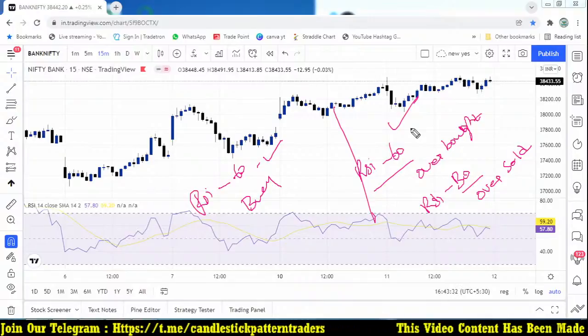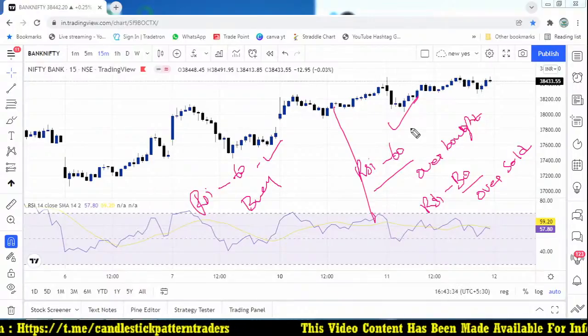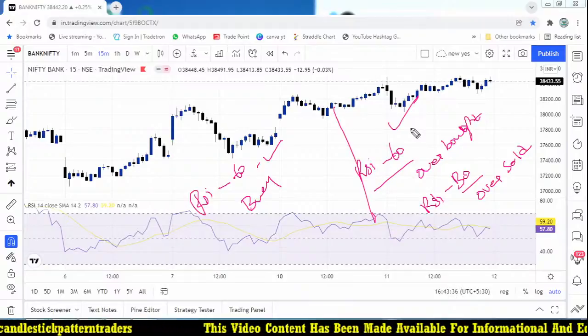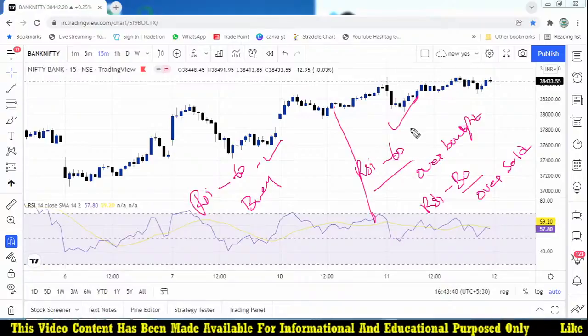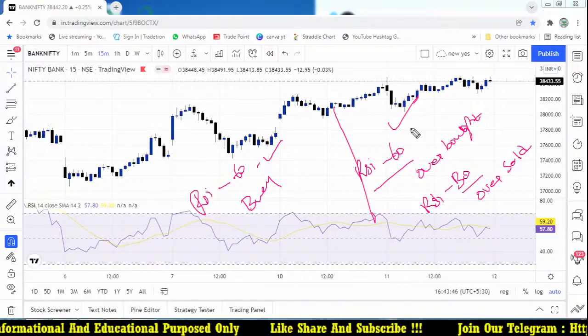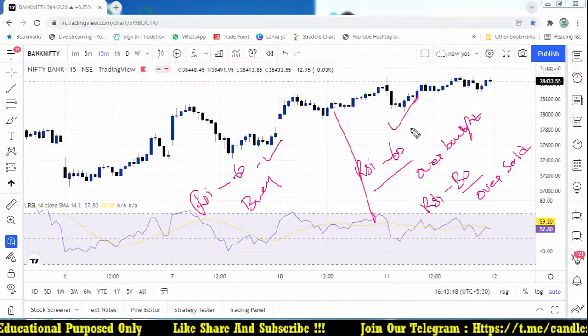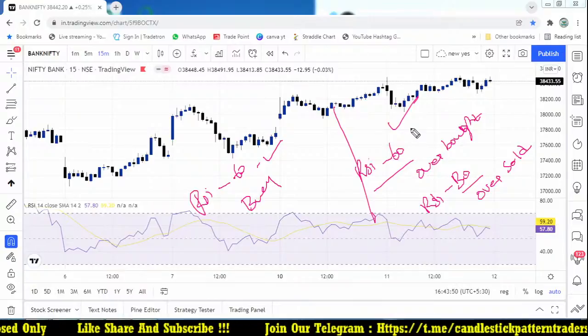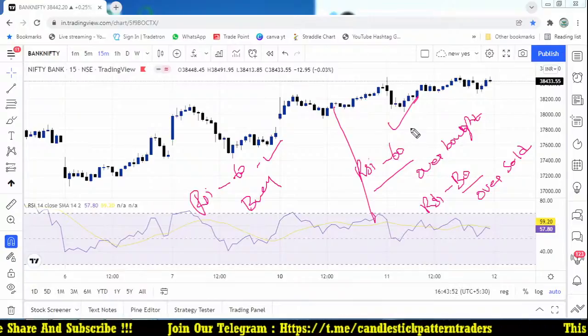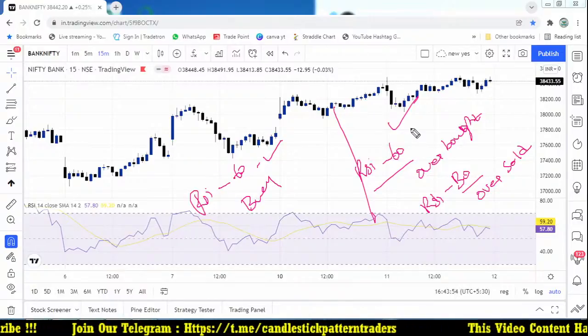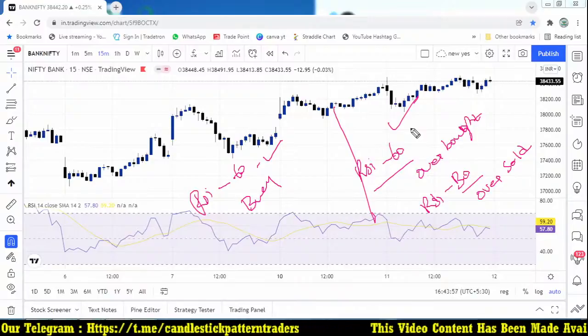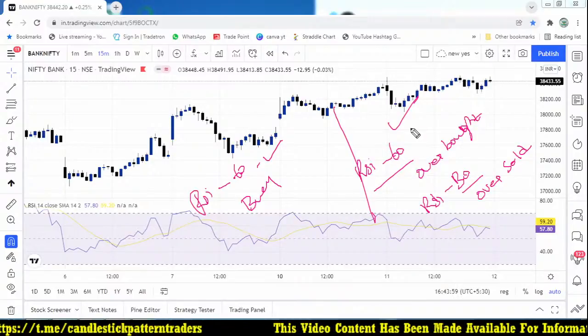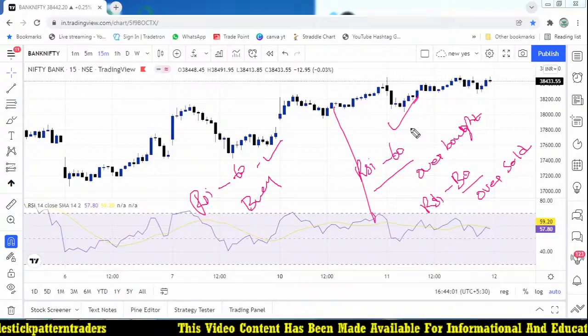One is bullish and one is bearish. 50-50 chance. Then how can I do the trade? Only two people are replying here, bearish and bullish. So now most of them are bullish.